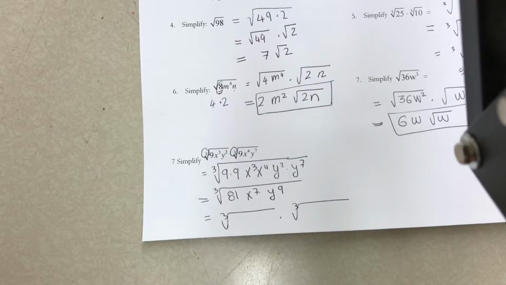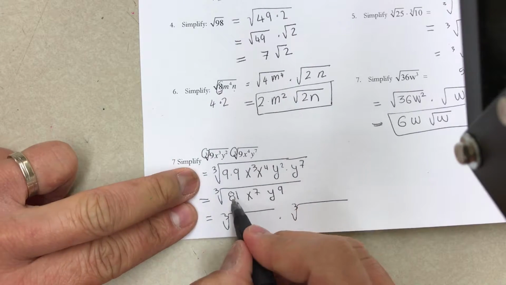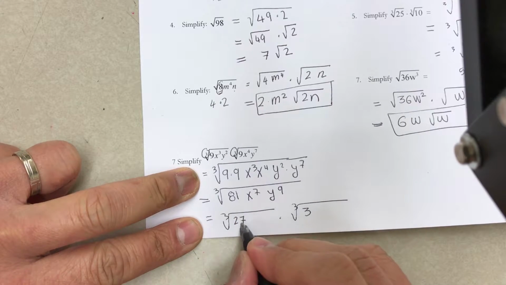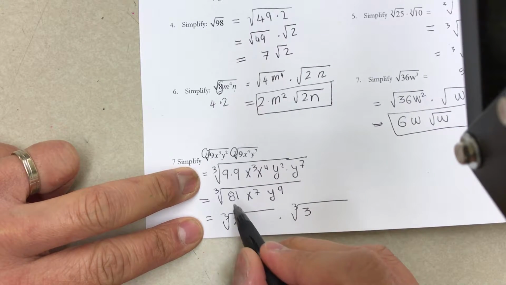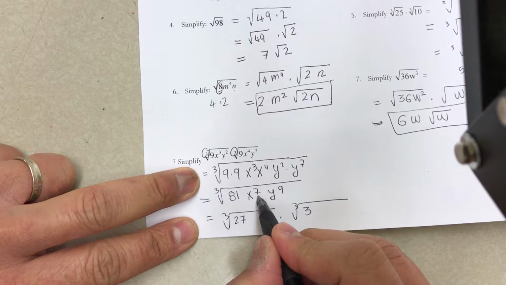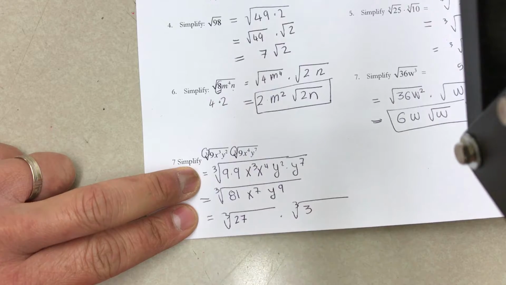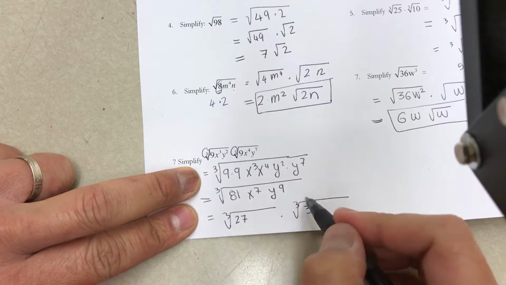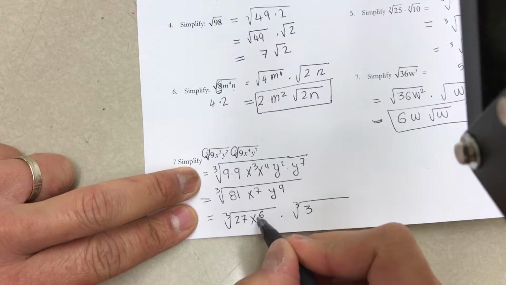So if we think about it, the 81 is 27 times 3, and 27 is a perfect cube, so that's why I put it in there. X to the 7, start with the smallest one, which is x to the 3rd, and then multiples of that would be x to the 6th.